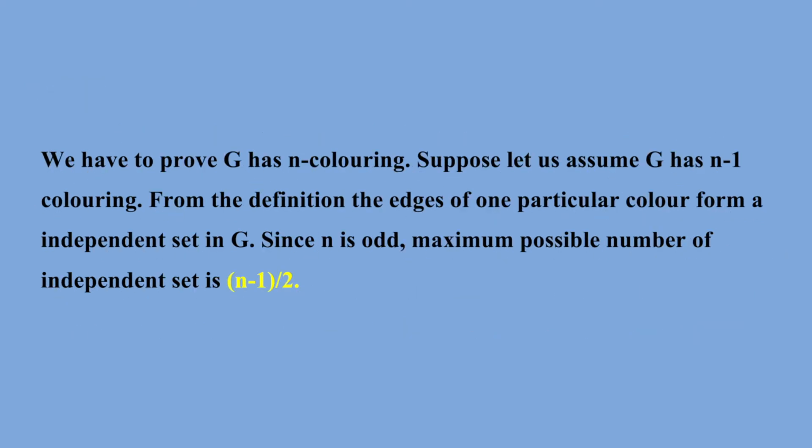We have to prove G has an n coloring. Let us assume G has an n minus 1 coloring. From the definition, the edges of one particular color form an independent set in G. Since n is odd, the maximum possible size of such an independent set is n minus 1 divided by 2.